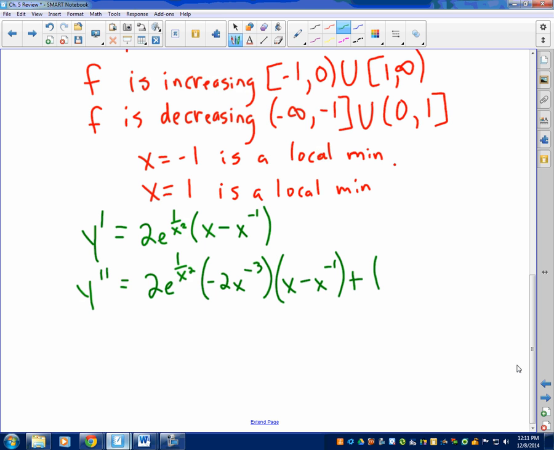So derivative of this thing is going to be 1 plus x to the negative 2 times the first, 2e to the 1 over x squared. So derivative of the first is this times the second, plus derivative of the second is this times the first. And that can be cleaned up, factored out, and then set equal to 0.